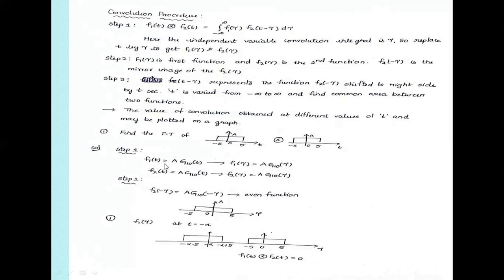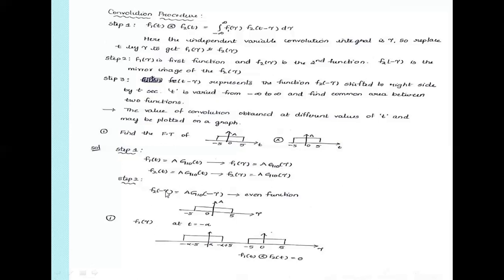Step one: f1 of t is equal to A, where A is the magnitude, and take the gate function g10 of t. f1 of tau is equal to A into g10 of tau, where A is the magnitude and we change the t values to tau values. And f2 of t is A into g10 of t, so f2 of tau is A g10 of tau, where again t is changed to tau.